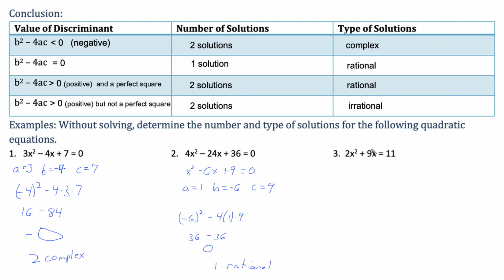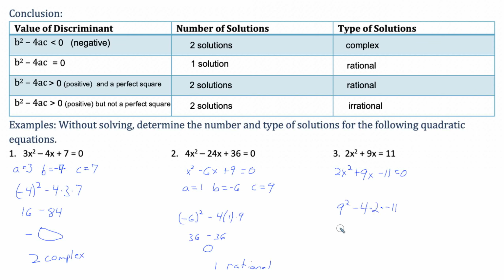Last one, this is not in the form that we wanted, so we're going to subtract 11 from both sides. So we get 2x squared plus 9x minus 11 equals 0. So be careful to put it in the right form. We're just going to figure this out. It's b squared, so 9 squared minus 4 times a, which is 2, times c, which is negative 11.